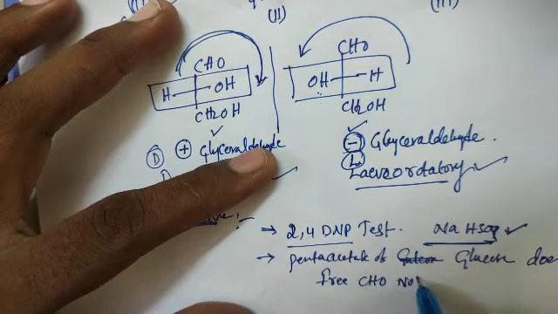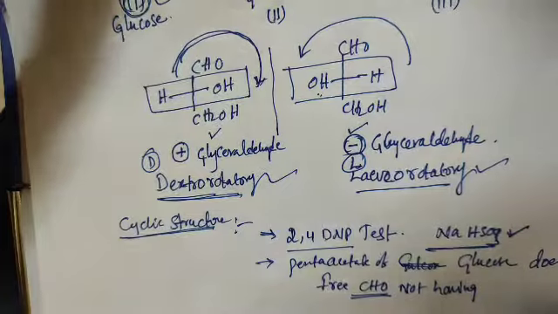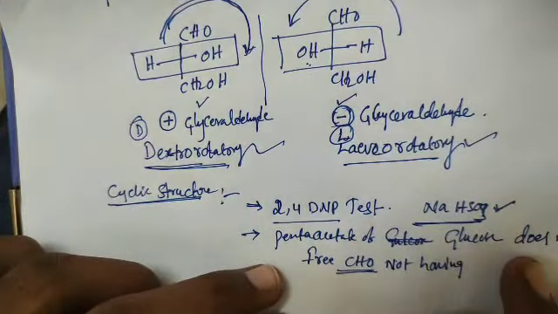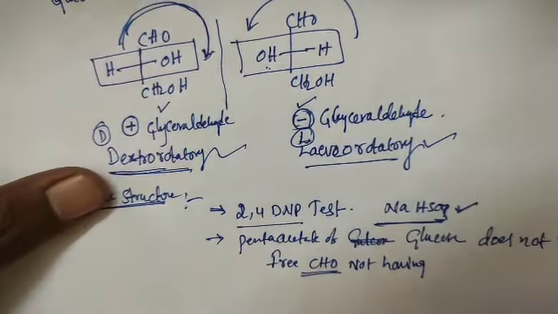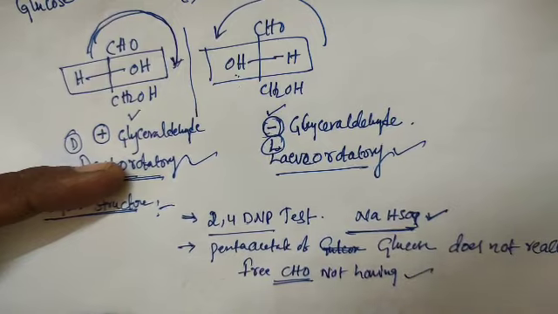That means a free CHO group is not there. But the CHO group is there, no? The CHO group is there, but it didn't react. The normal chain or straight structure of glucose does not give these tests.